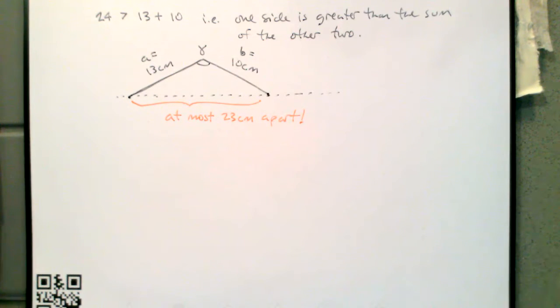So you couldn't say, well, 10 plus 23 is greater than 13, so we're okay. That's not satisfying the triangle inequality. There are two sides whose sum is greater than the third side, but it must be any two sides. So you have to pick 13 and 10, and they are less than the third side.